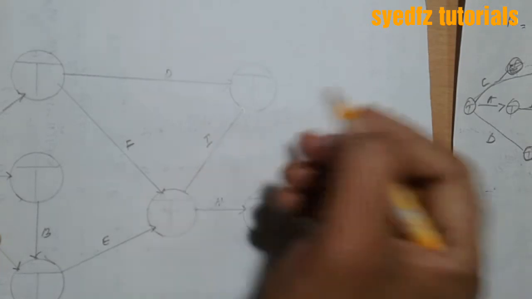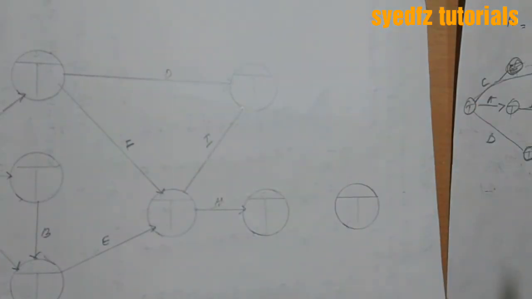This activity J happens from D and I. Okay, this one I have made.